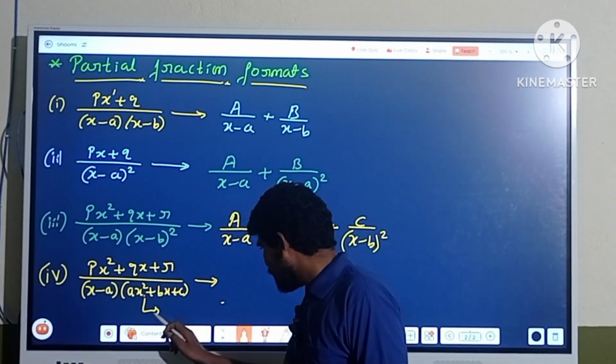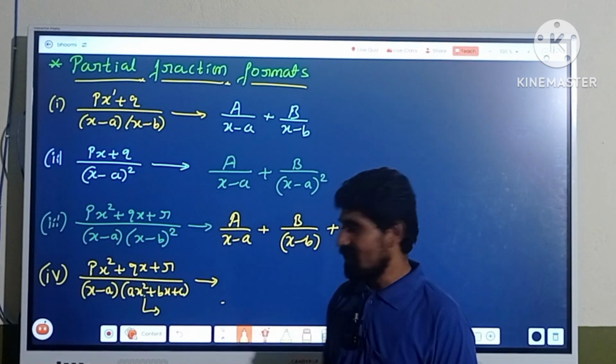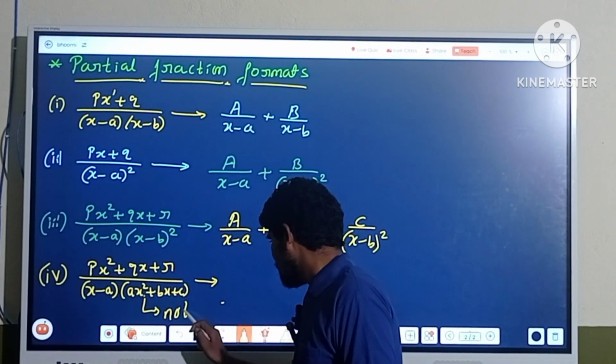but this quadratic polynomial must not be further factorizable.